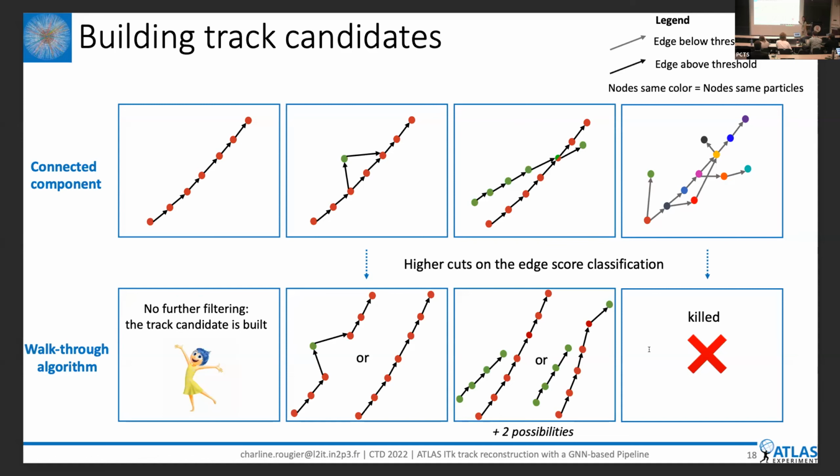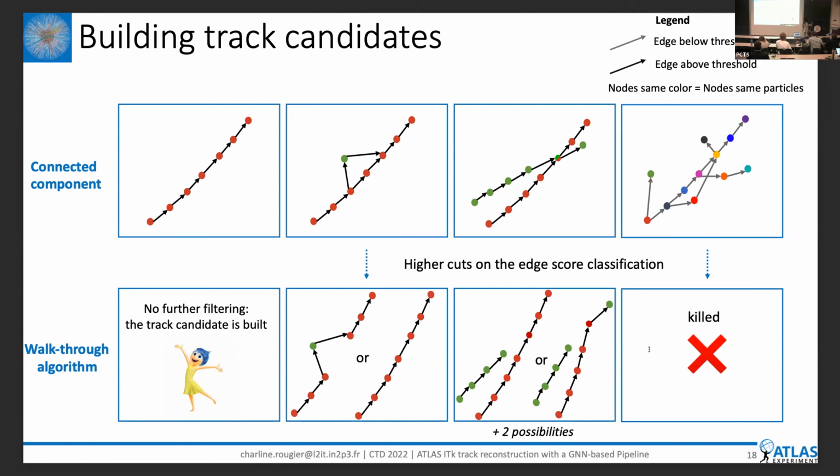And at this stage of the pipeline, we are going to ask for a single track assignment. So each space point can only belong to one track. Which means that if we are looking at this kind of structure, you have two possibilities, and these two possibilities can completely occur because this algorithm doesn't know anything about physics.